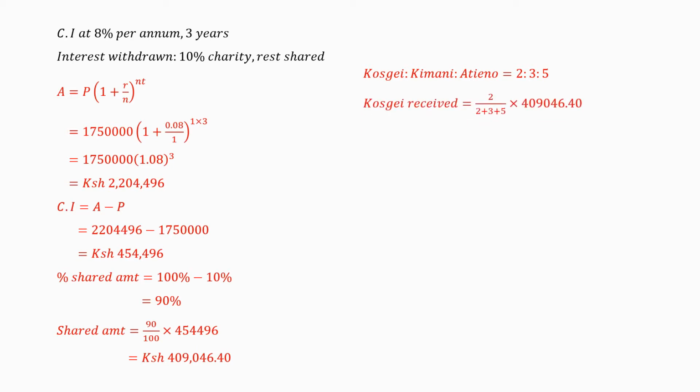We have for Kosgei, it's 2 over the total ratio, which is 2 plus 3 plus 5, times the amount shared, and this is equal to 81,809 and 28 cents. But we have been asked to give the answer to the nearest shilling, so this is approximately 81,809.